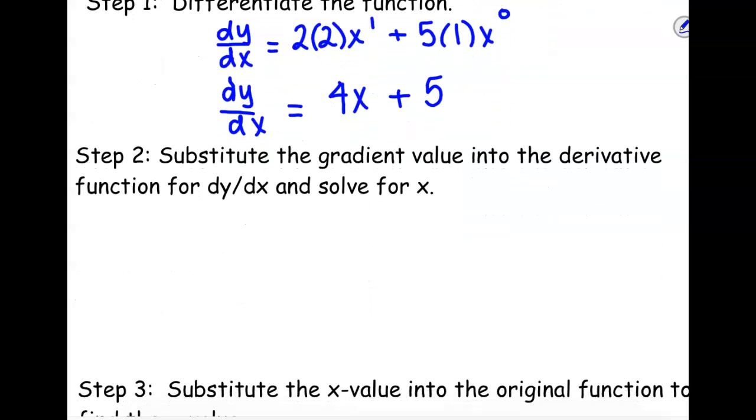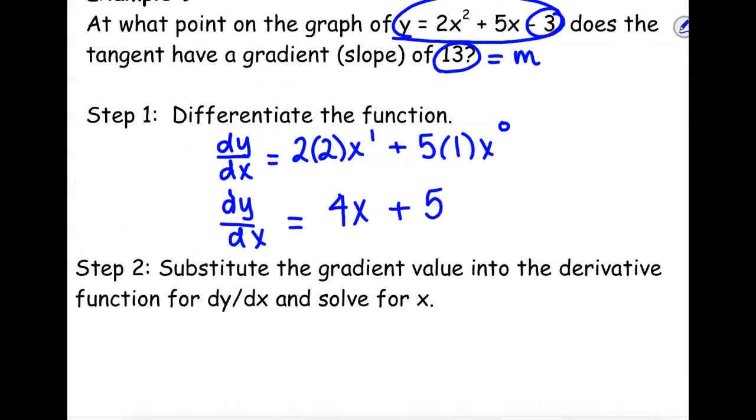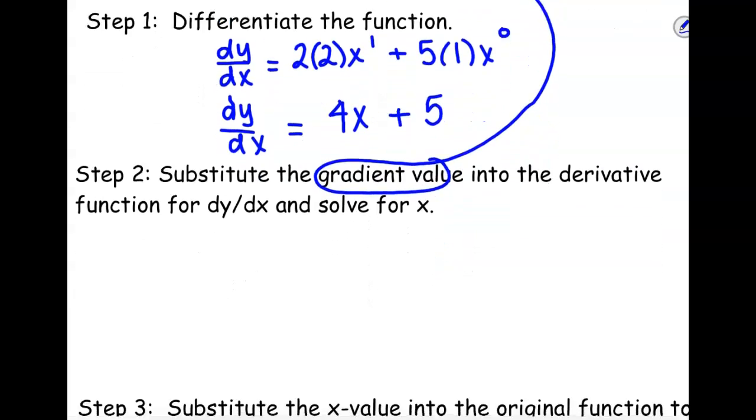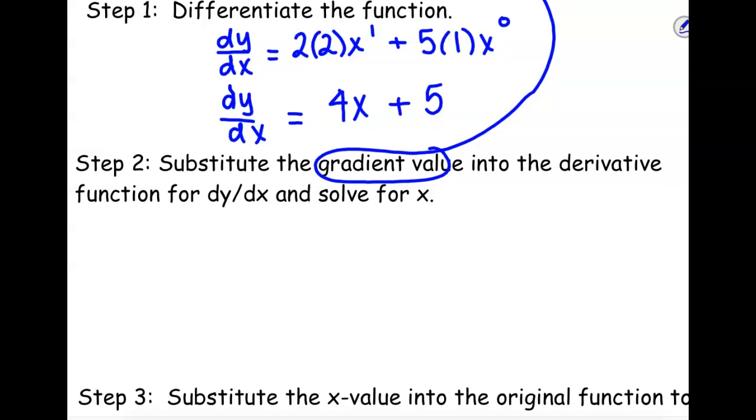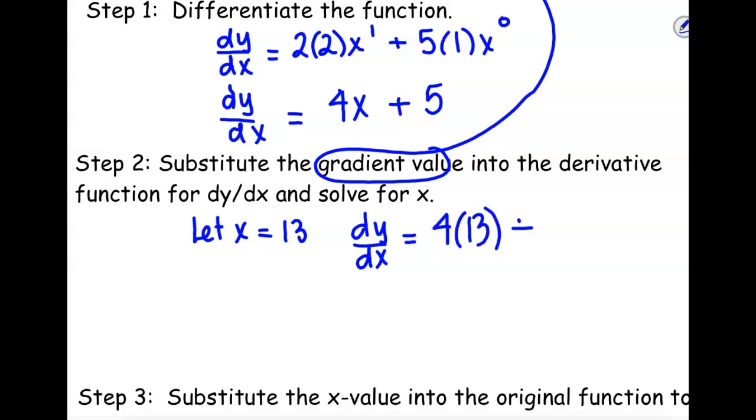Step 2 now is to substitute the gradient, which our gradient was 13, into the derivative function and solve for x. So we're going to replace that x with 13 and then simplify it.